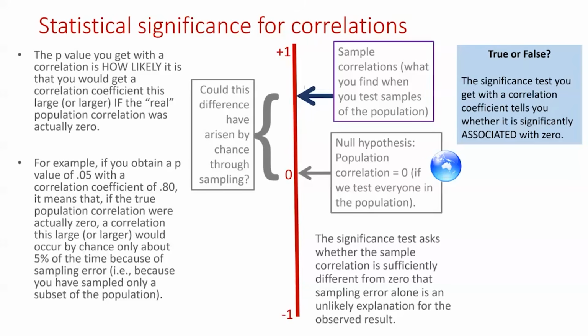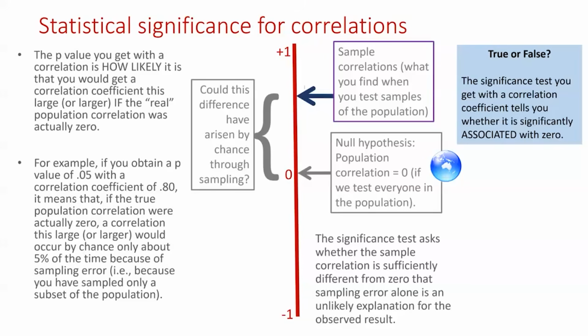It's saying, is the sample correlation sufficiently different from 0 that sampling error alone is unlikely to explain that observed result? I.e., if the p-value is substantially small, then we can say that probably is a real correlation here, rather than the correlation being a big fat 0.